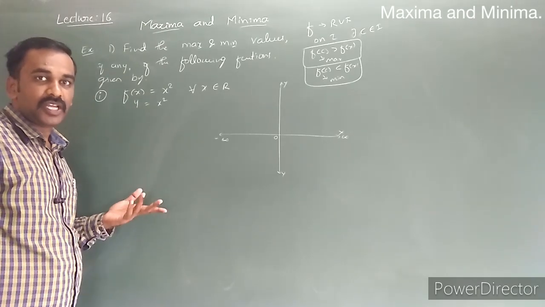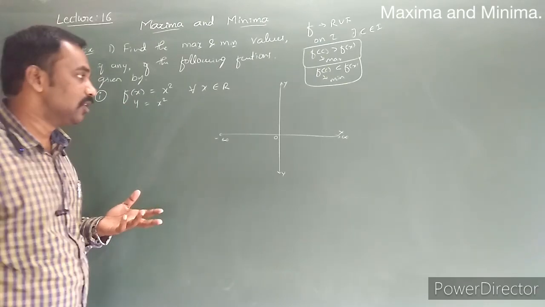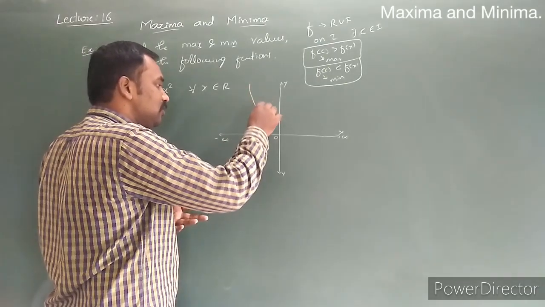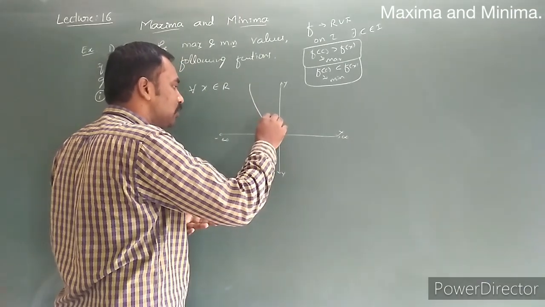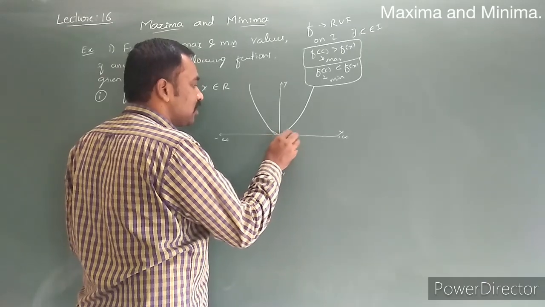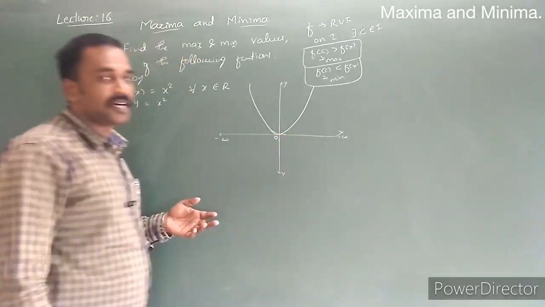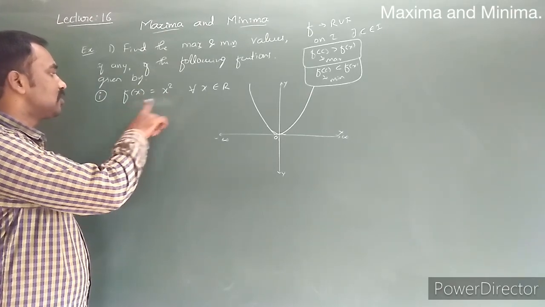X square is equal to 4ay is nothing but an upward parabola. The parabola is like this. We have the particular graph of the function f of x is equal to x square, or y is equal to x square.